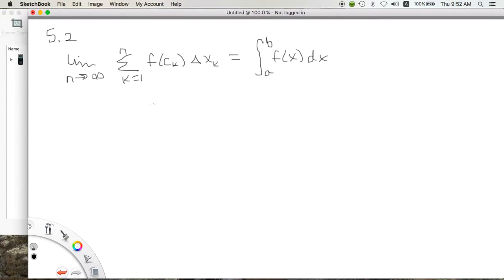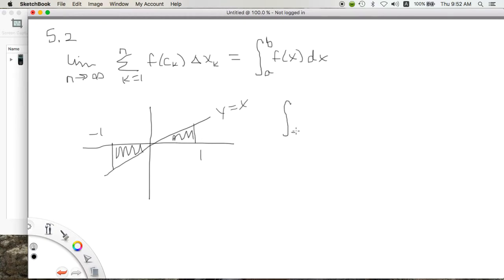Now I wanted to show you, if we take the curve y equals x, and we go from -1 to 1. If we take this area and we just do the integral from -1 to 1 of x dx, then we're going to get 0.